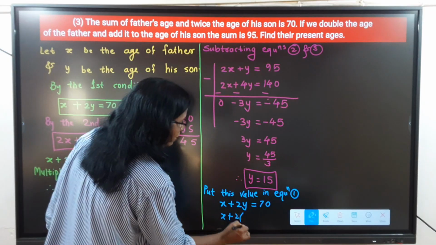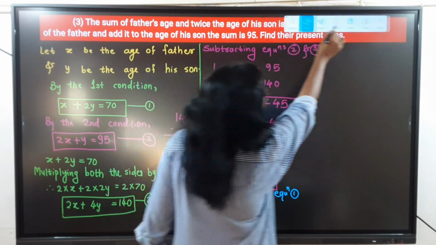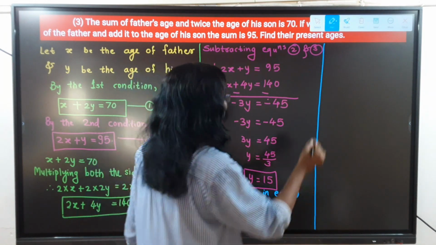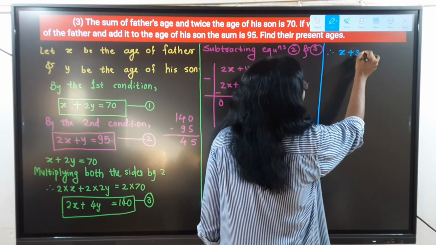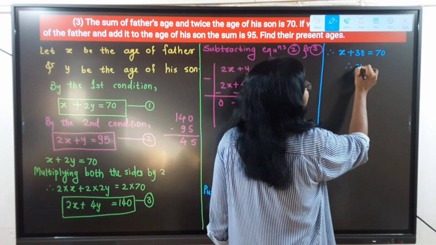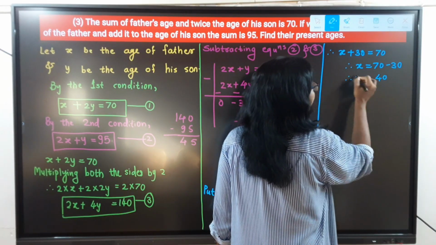So x plus 2 times 15 is equal to 70. Then x plus 30 is equal to 70. Therefore x is equal to 70 minus 30. Therefore x is equal to 40.